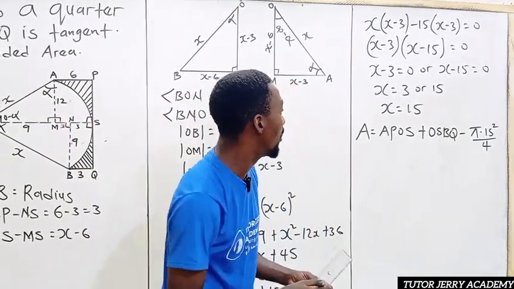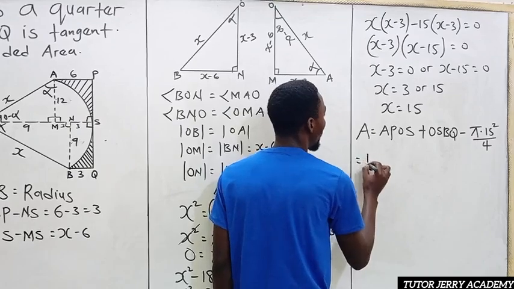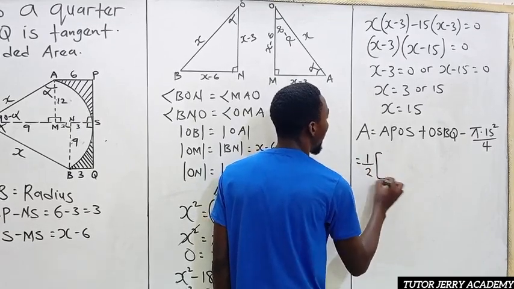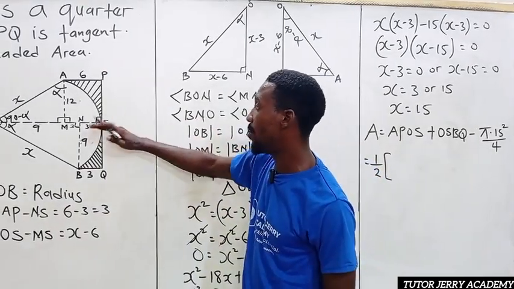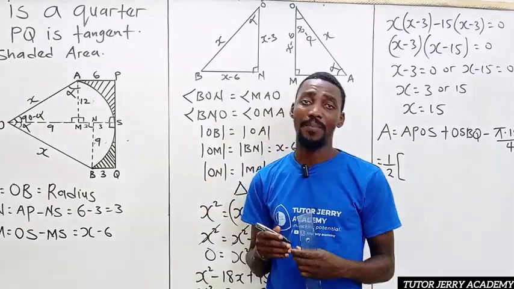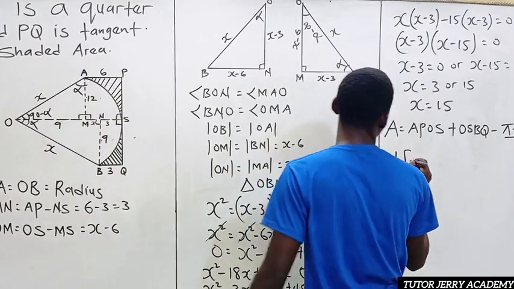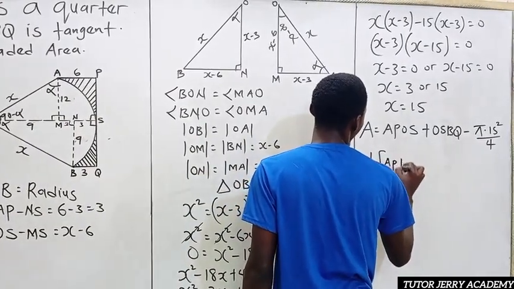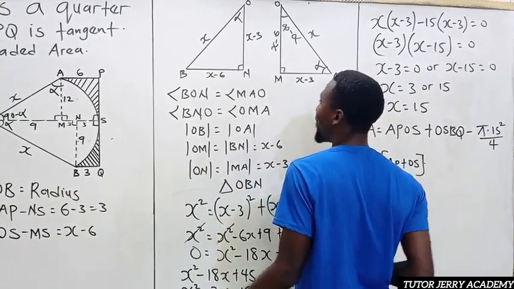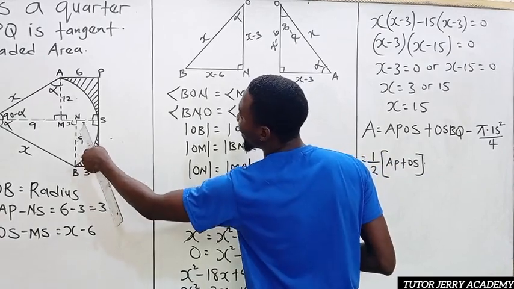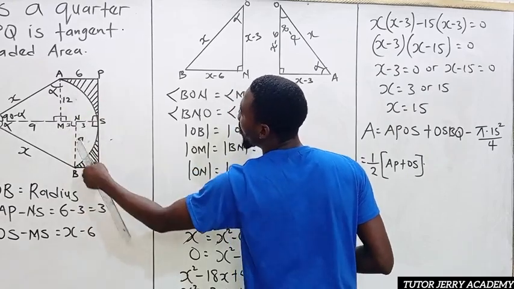So divide by 4. All right. So now the area will be equal to half, because we know that APOS is a trapezium. The area of a trapezium is half the sum of the parallel sides, that is AP plus OS, then multiplied by the height. The height here is SP, or MA, because SP is equal to MA.